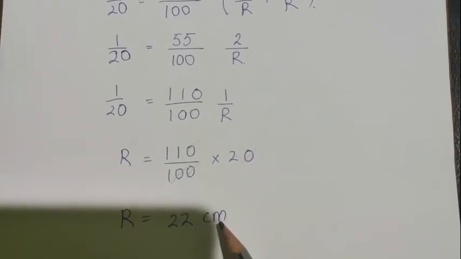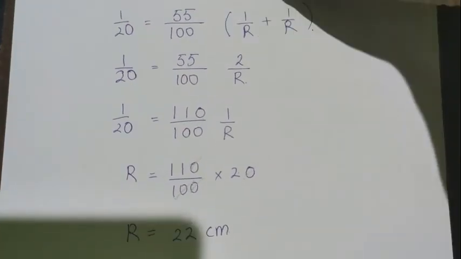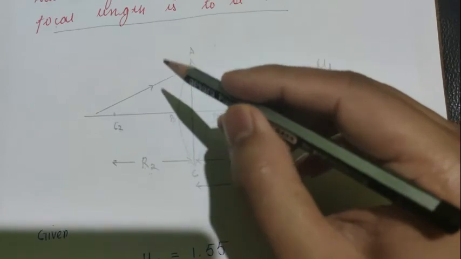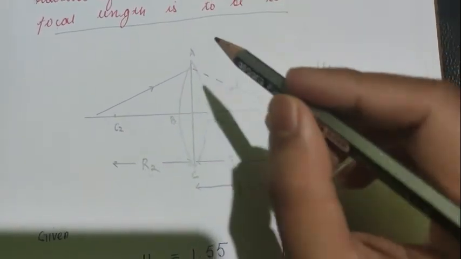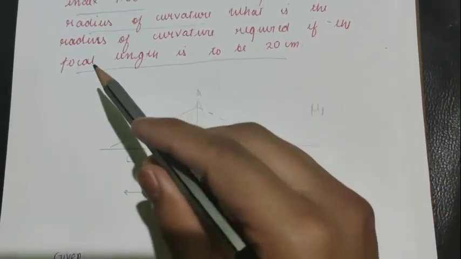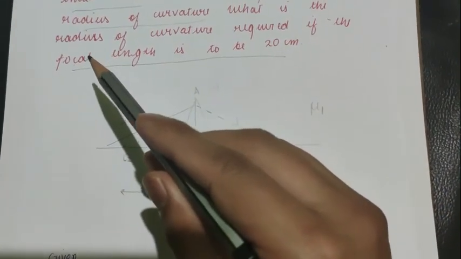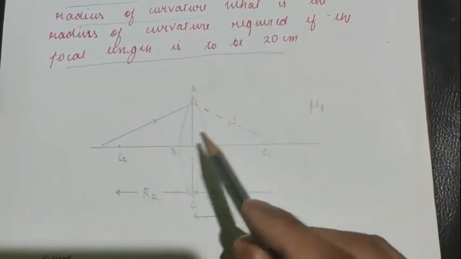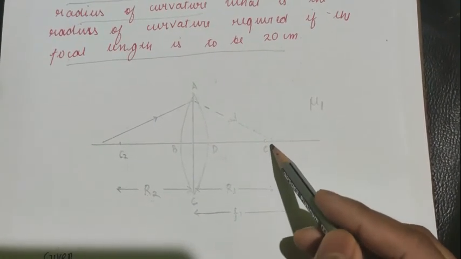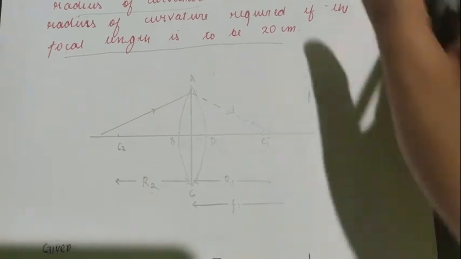So how much is my radius of curvature? It is 22 centimeter. What does this mean? For my convex or double convex lens, they have said that the focal length is to be at what distance? 20 centimeter. And when is it possible that your focal length will be 20 centimeter?